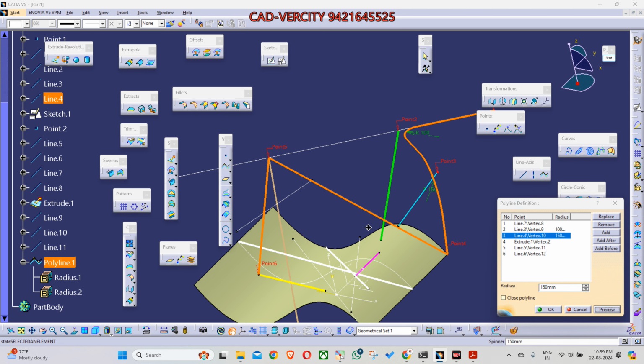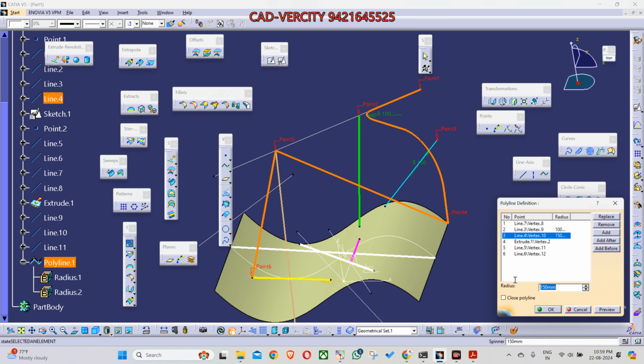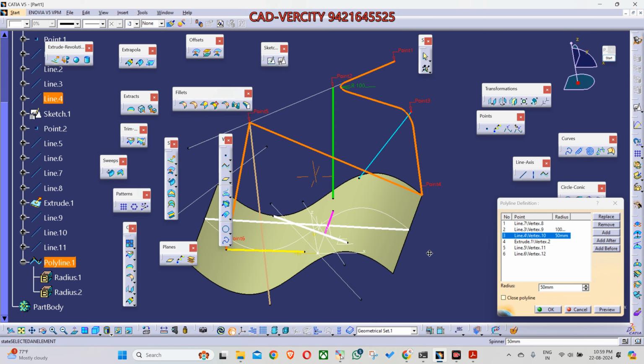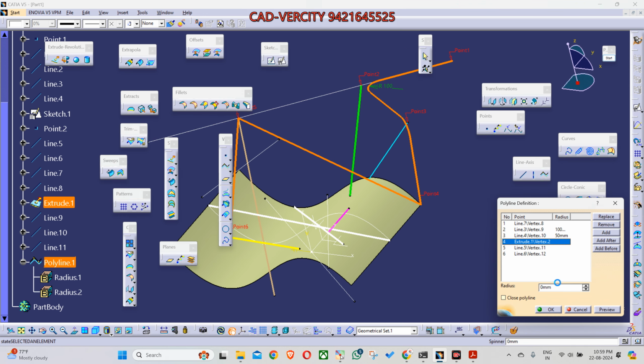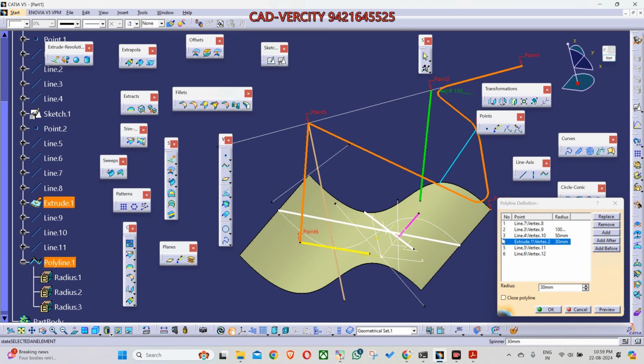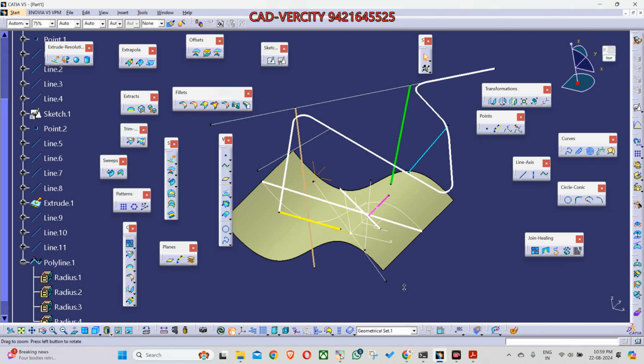Okay, 150 is possible, but it is too big. Make it 50. Preview. Okay. At point 4, make it 30. Fifth point, I want again 40 mm fillet. Press OK.